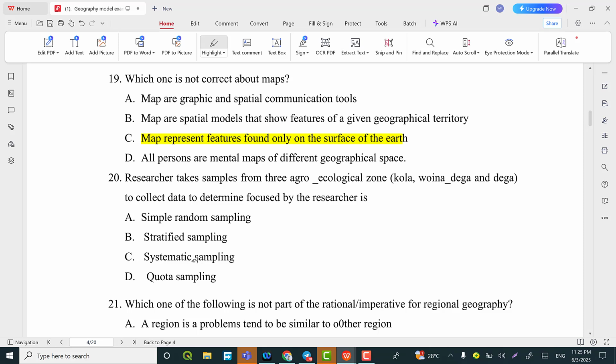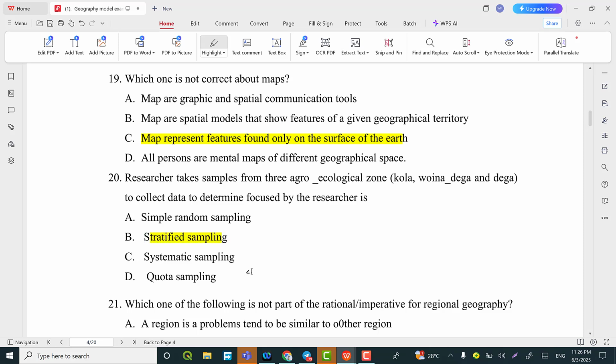Some researchers may use strata within different strata. For instance, there is income strata, there may be sex strata, educational background. So if the researcher uses a certain category on the basis of different types of strata, the stratified sampling technique is the answer. So B.